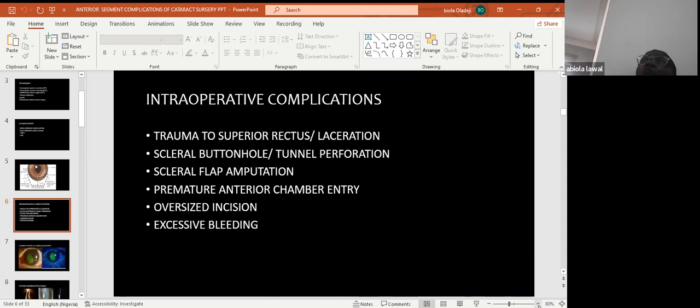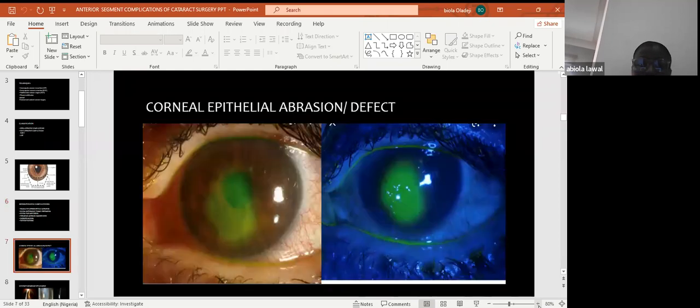There are also controversies about discontinuation of anticoagulants before surgery. Recent studies have found that there's really no difference between those that have anticoagulants stopped and those that did not. If you have to stop the anticoagulant, discuss with the patient, and they should let their physicians know so that you don't put the patient at risk of other health-threatening complications.